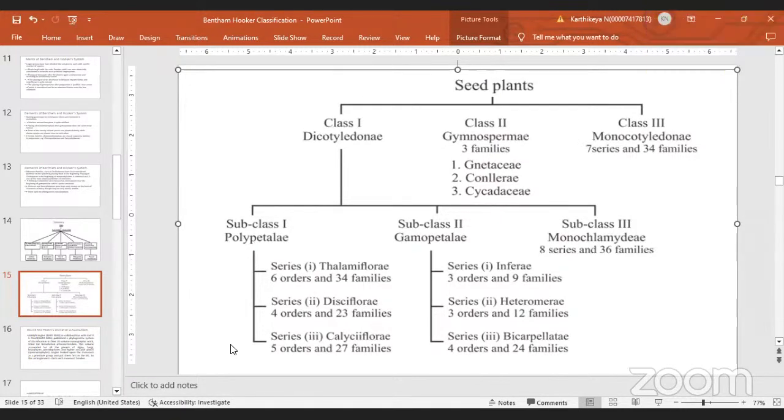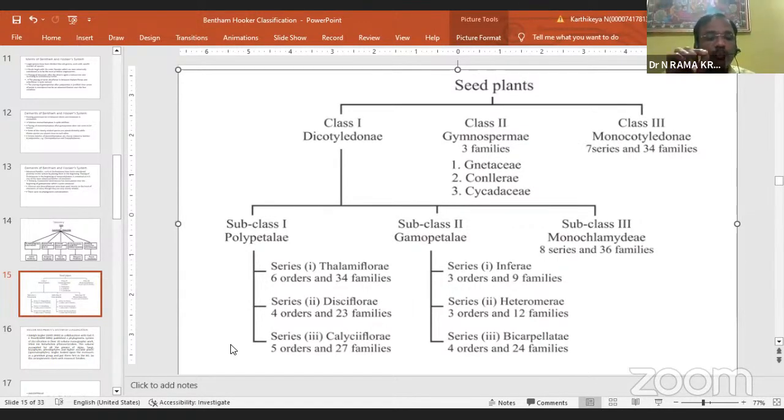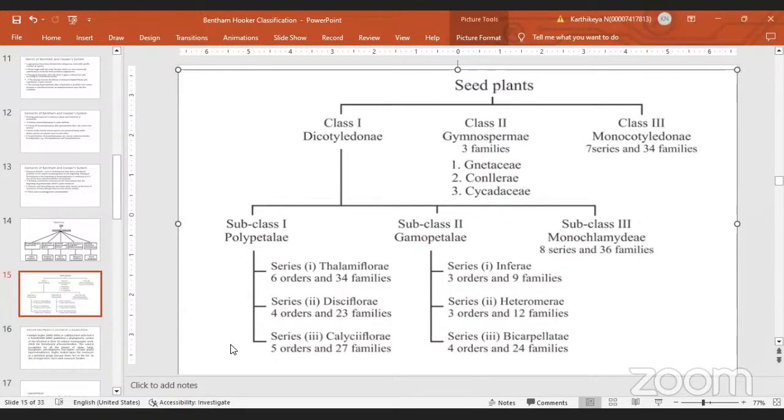That's why this is a superior ovary, because that is Thalamiflorae. Because of the thalamus, it is called Thalamiflorae. We can remember it that way. Above the thalamus, the calyx and corolla are produced. That is Thalamiflorae.